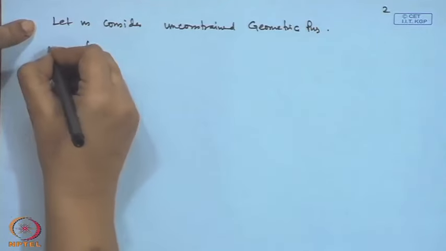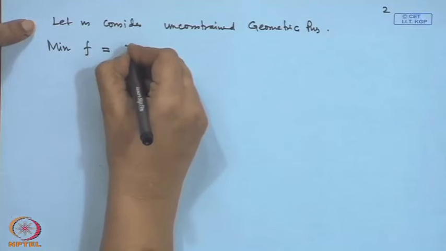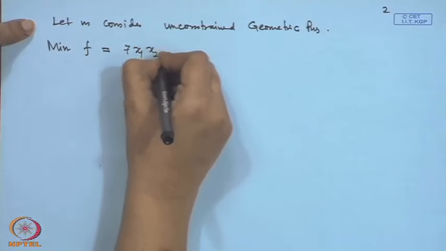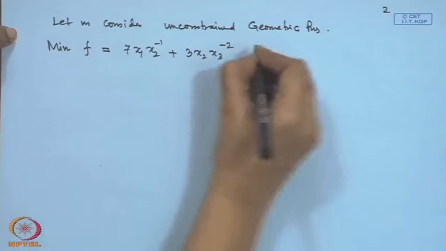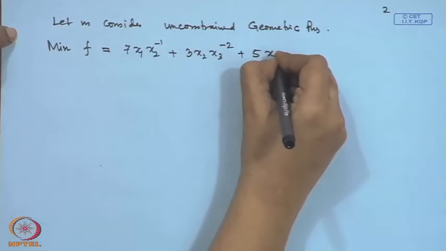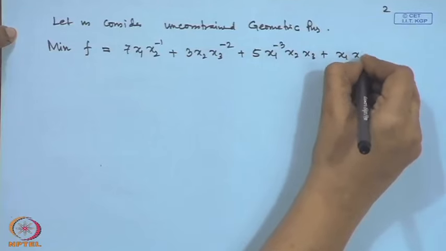We need to minimize the function f, of the form 7 x1 x2 to the power minus 1 plus 3 x2 x3 to the power minus 2 plus 5 x1 to the power minus 3 x2 x3 plus x1 x2 x3.